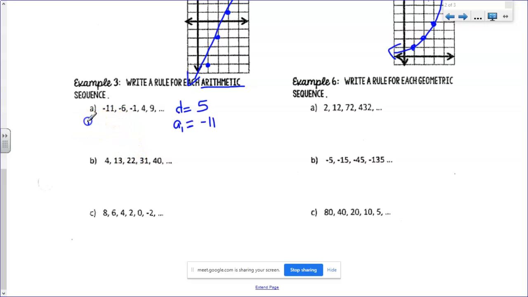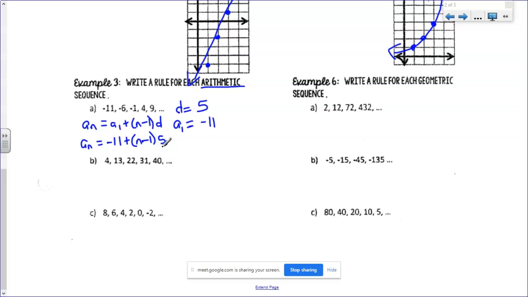Okay, does everybody understand how I got those two numbers? All right, so I have the formula, and I recommend writing it every time because that will help you learn it. a subscript 1 plus n minus 1 times d. And I'm going to plug in what I know. Okay, what do I know? a subscript 1 is negative 11, and my d is 5.